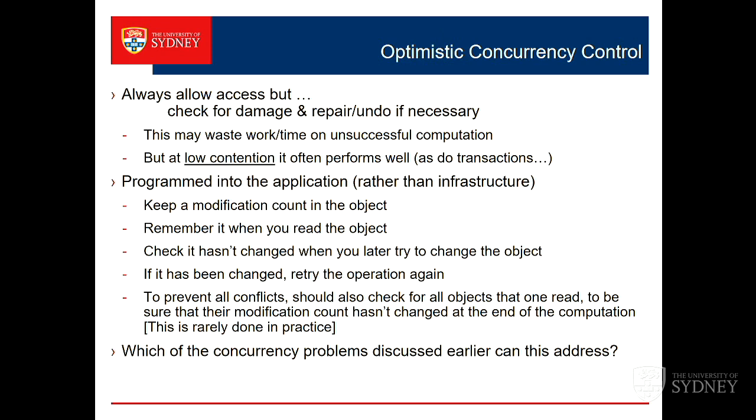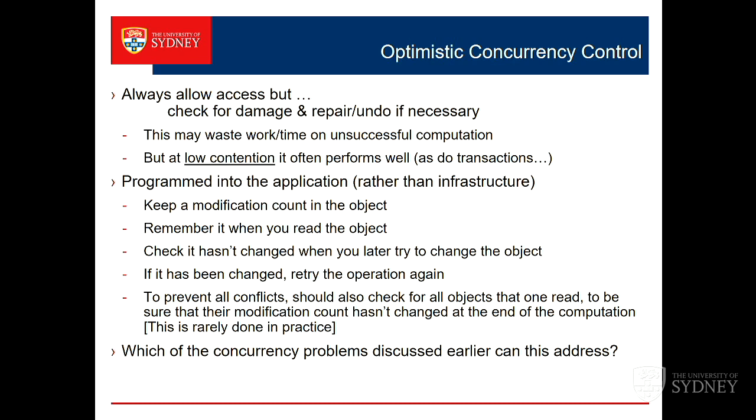Optimistic concurrency control. This is the concurrency control you have when you don't have a concurrency control. You always allow access to the shared resources, but you check to see whether something has gone wrong, and if it has gone wrong, you repair and undo it if necessary.